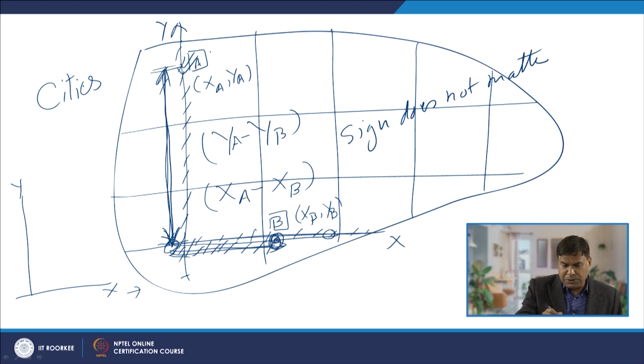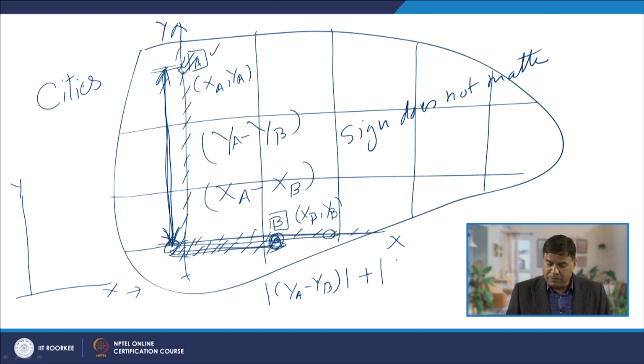So, the distance to be travelled to reach from location A to location B will be the absolute value of y A minus y B, plus the absolute value of x A minus x B. Even if the differences have a positive or negative sign, it does not matter; we have to take the numerical values of the difference to find out the distance to be travelled.